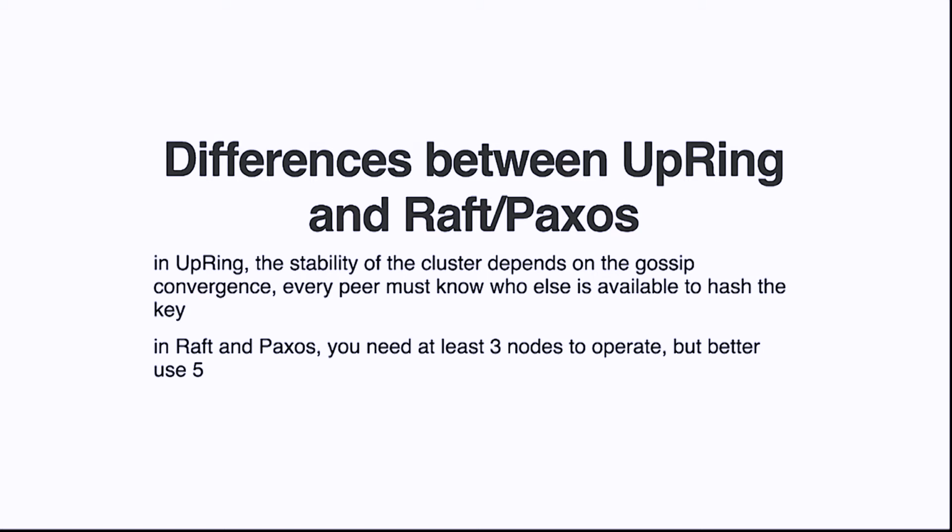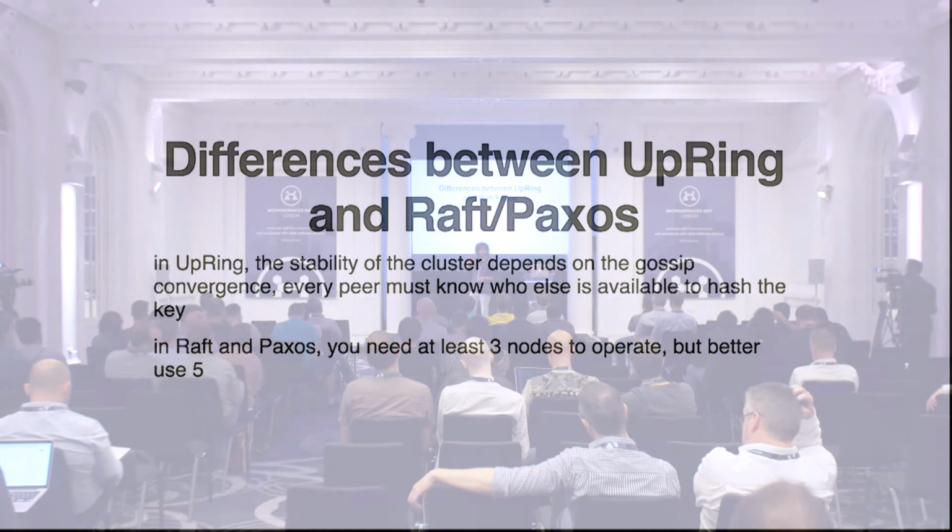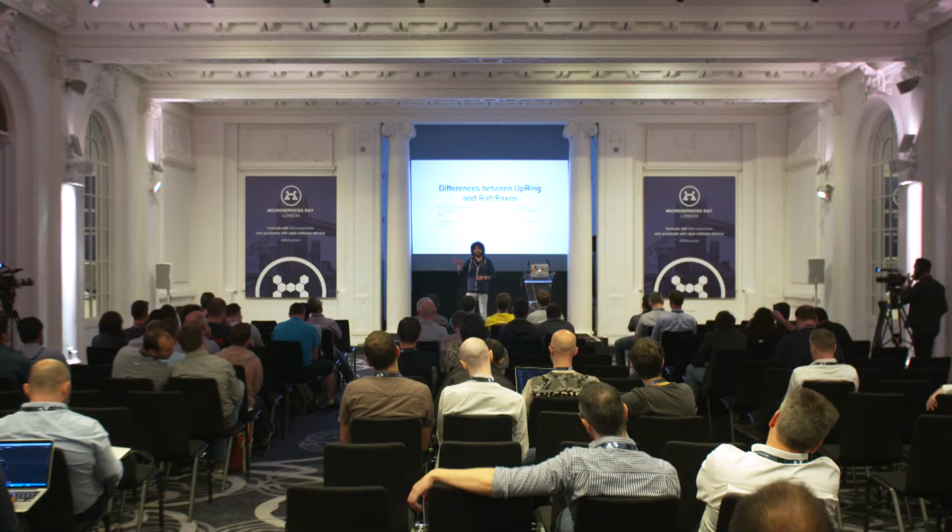In Raft and Paxos, you need at least 3 nodes to operate, but better 5. Now, you have probably heard about the 3-node and 5-node things. etcd, Consul, all those are based on Raft, okay? If you're running an etcd cluster, you need 5 nodes, ideally on 5 different physical machines.